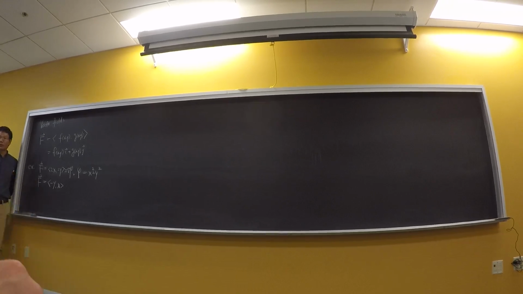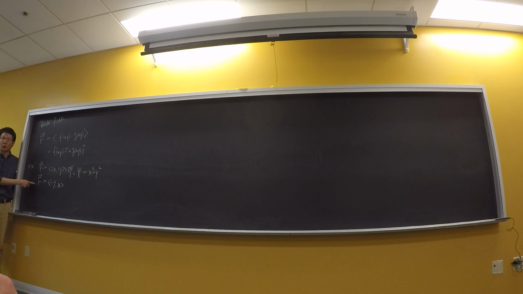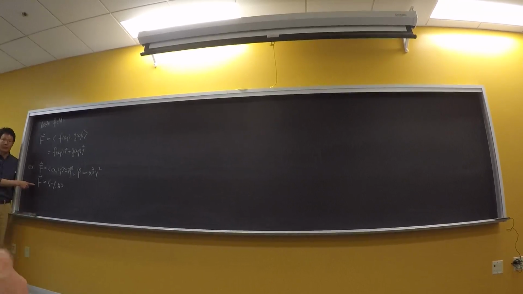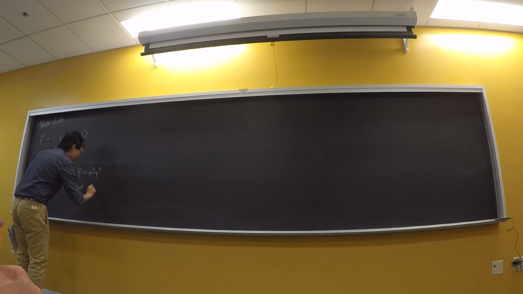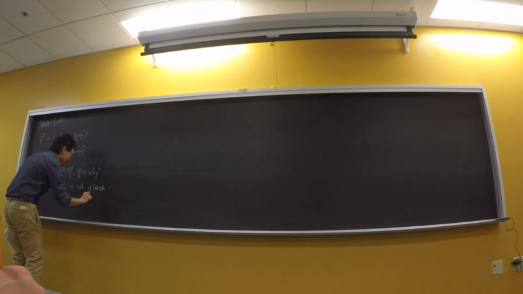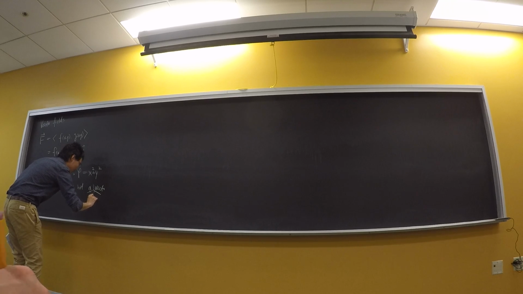No matter what scalar function you give me, there's no way this can be equal to the gradient of that scalar function. In other words, there's no scalar function such that this vector field is equal to its gradient. So this one is not a gradient vector.